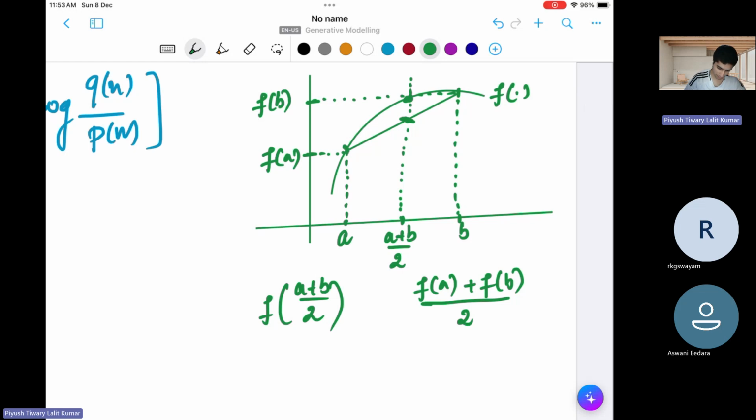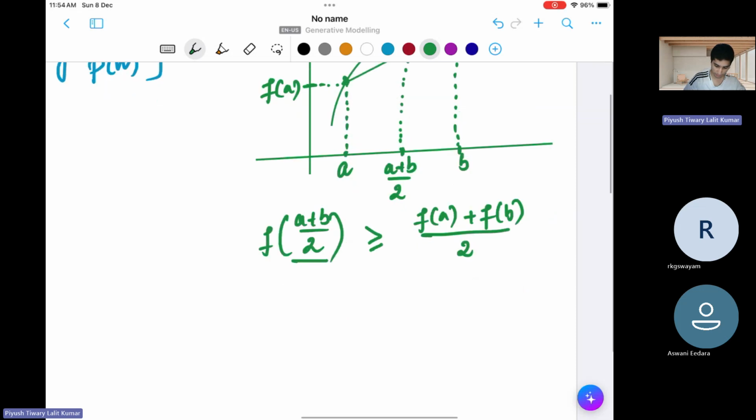You can do some geometry here and show that this value will always lie below the point on the curve, and hence the inequality looks like this: f((A+B)/2) is always greater than or equal to (f(A)+f(B))/2.